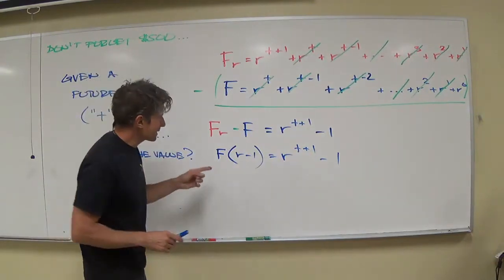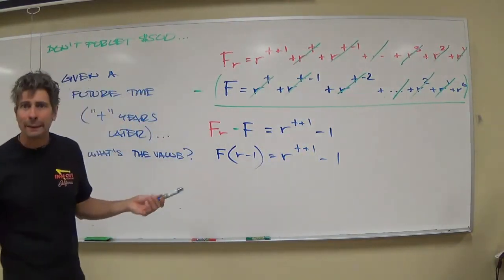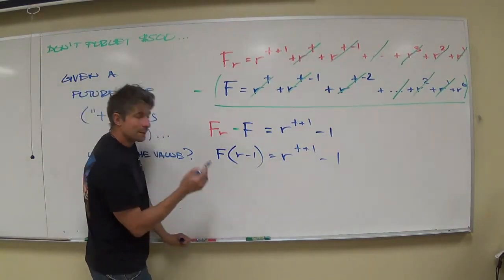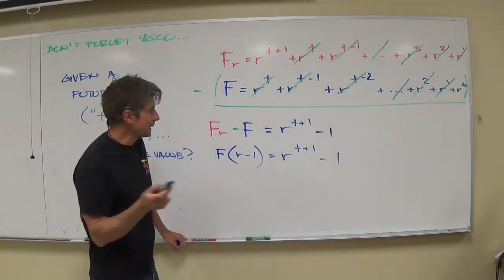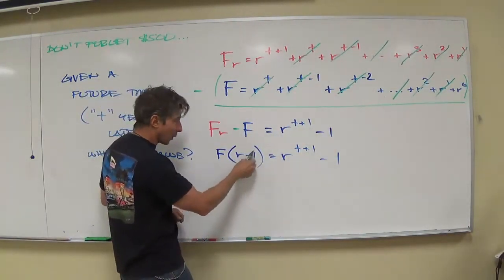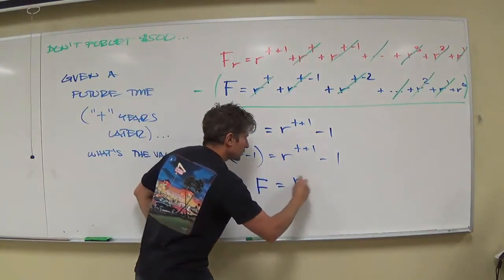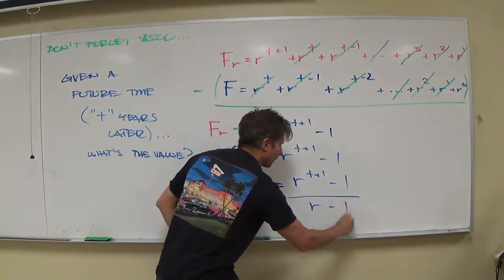But what's cool about that is it's a way of turning two f's into one. Legally, mathematically. And then my classmate, I think it was Julie, said, then we can divide by the r minus 1 and put it over here, and you're left with f equals r to the t plus 1 minus 1 over r minus 1.